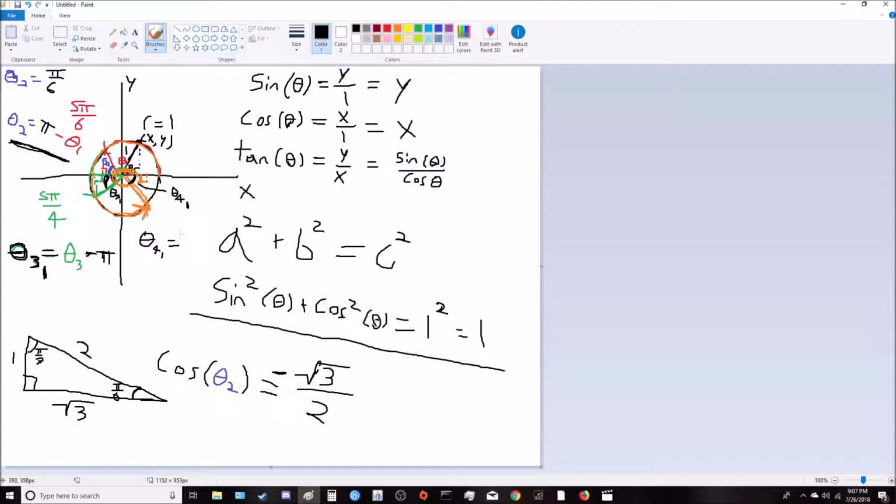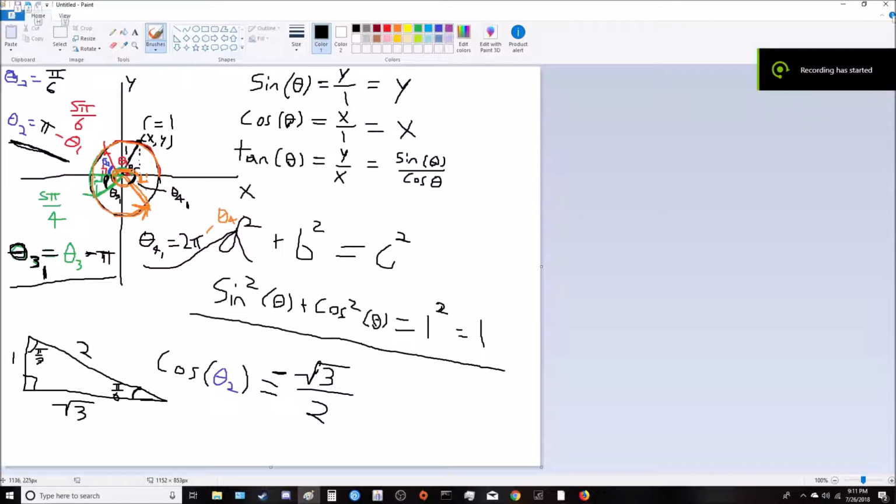So therefore, that's going to be equal to 2 pi minus theta sub 4. And there you have it. That's how you get your equivalent angles for every conceivable quadrant on the unit circle.